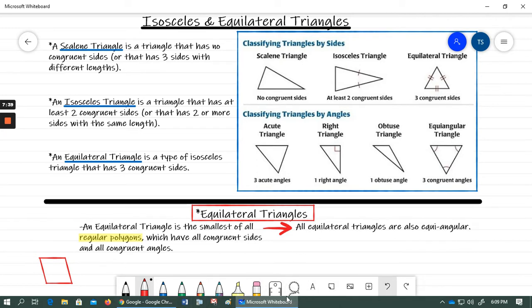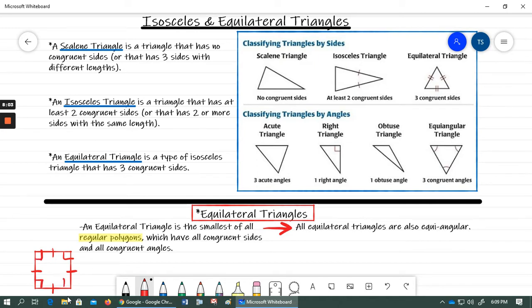Yeah, that ain't what I meant to draw. I was trying to make it look like it actually had all four right angles, but y'all know that. All right. A square would be considered a regular quadrilateral because it has four congruent sides and four congruent angles, which are all right angles.